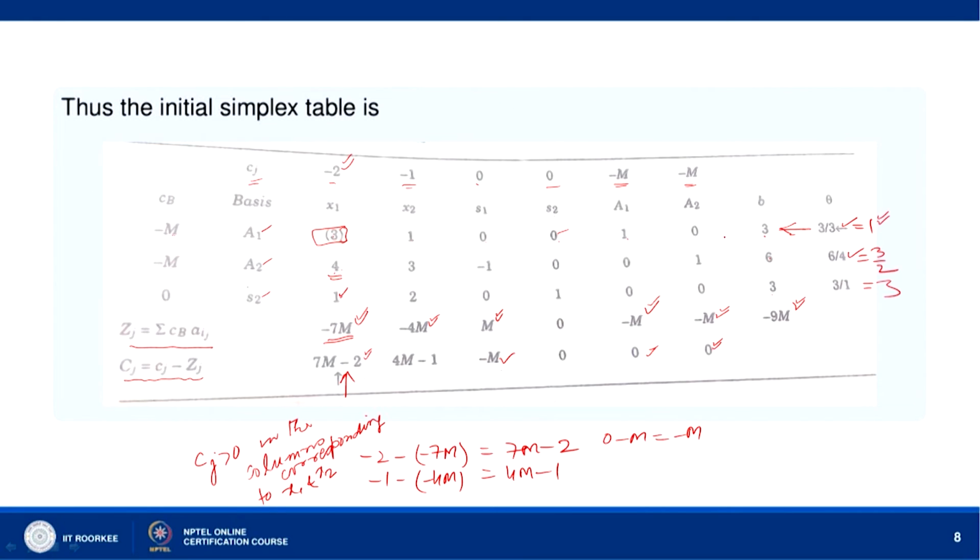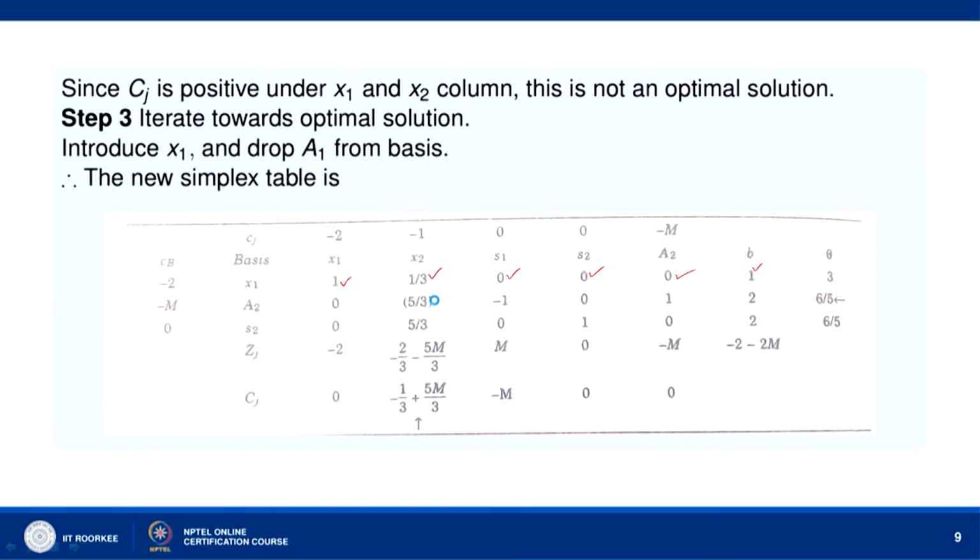After dividing this key row by 3, we make the element 3 as 1 here, and then with the help of this 1 we make the elements in the key column, that is 4 and 1, 0, using elementary row operations. To make 4 zero, we multiply the elements of this key row by 4 and subtract from the second row, and then to make this 1 zero, we subtract the elements of the key row from the elements of the third row after the key element has been made 1.